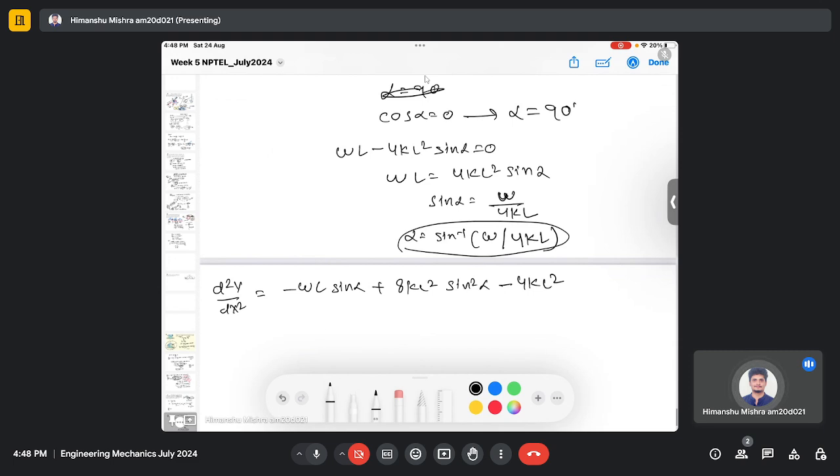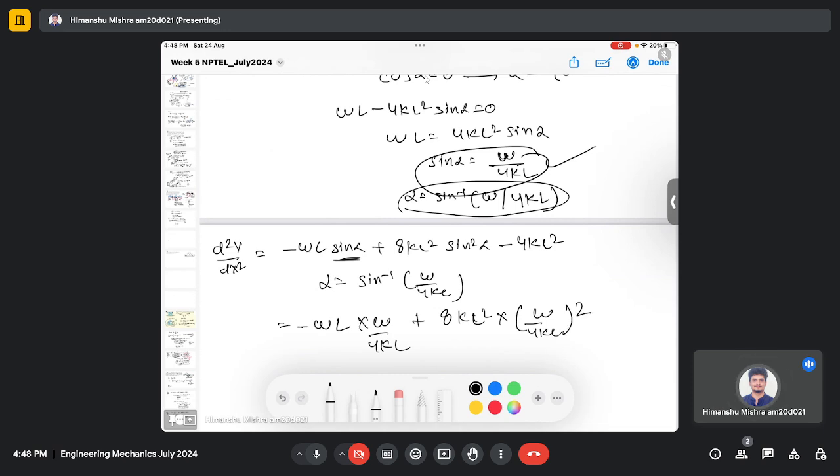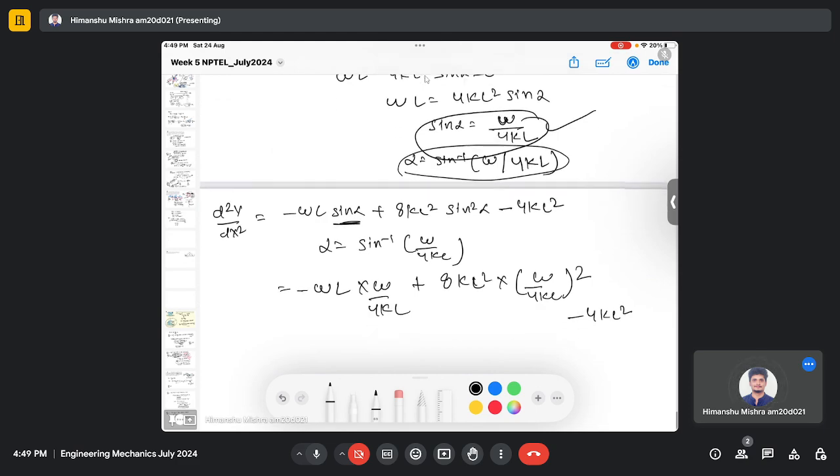And when we substitute alpha as sine inverse W by 4KL, I will have minus WL, and instead of sine alpha we will have W by 4KL, plus 8KL square multiplied by W by 4KL whole square, minus 4KL square.